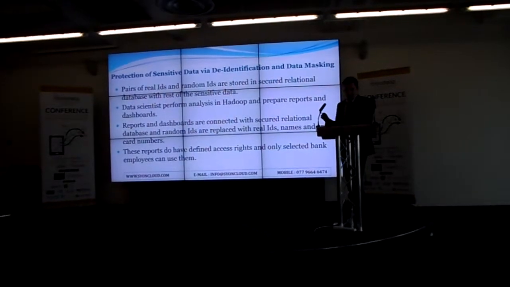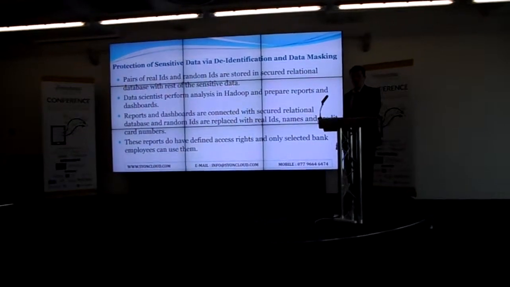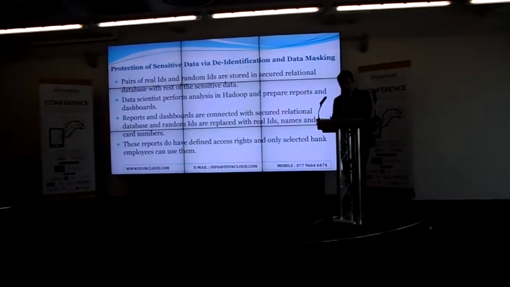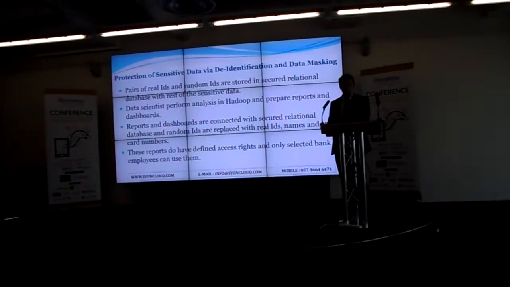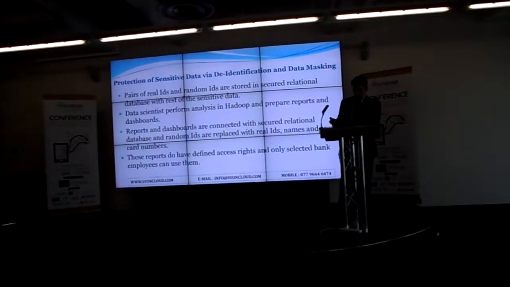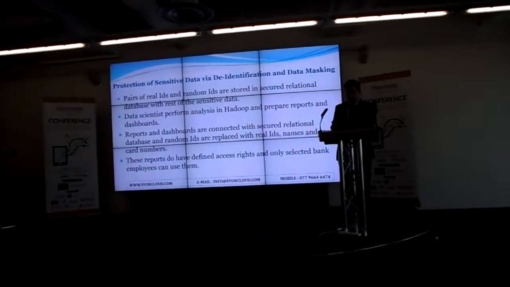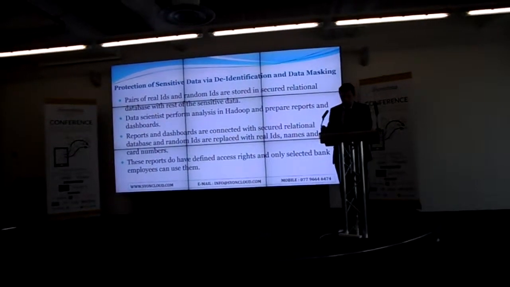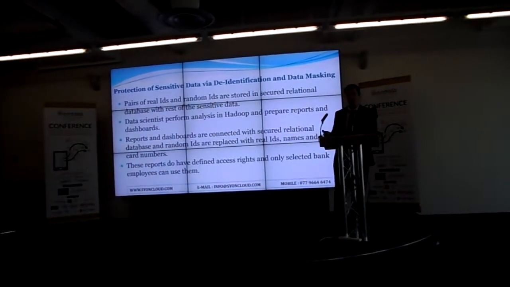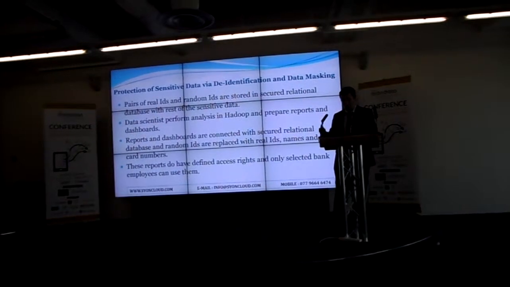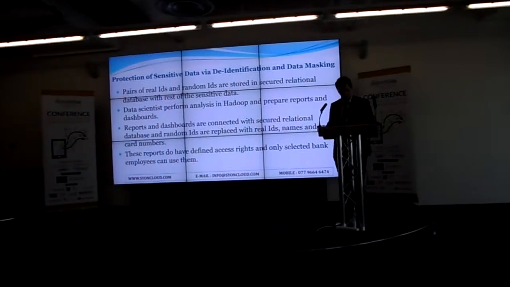So pairs of matching real and randomly generated numbers are stored in a secure relational database, and data scientists perform analysis in the Hadoop environment, prepare reports, prepare dashboards for the authorized bank employees. These dashboards and reports do have access to that secure relational database and replace randomly generated IDs with the real ones, with the names of the customers, the real credit card numbers and full addresses.